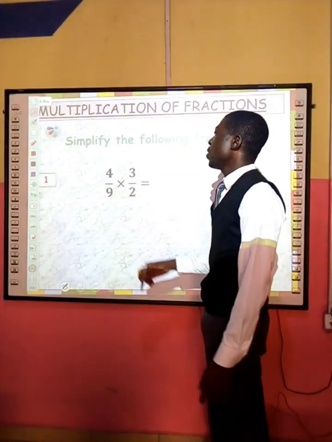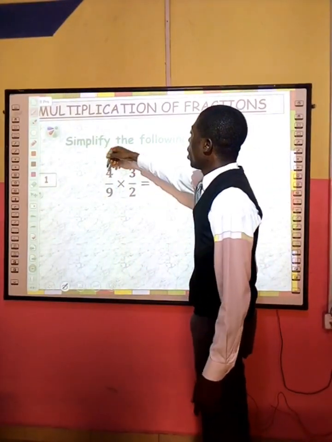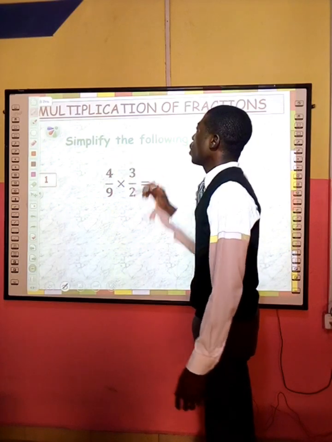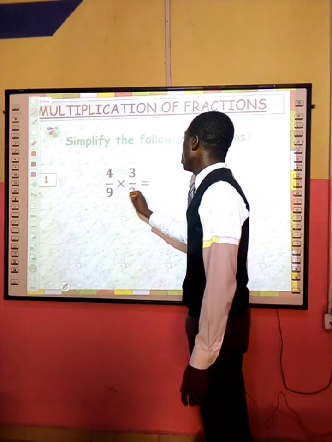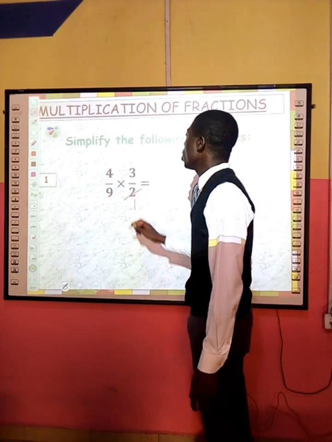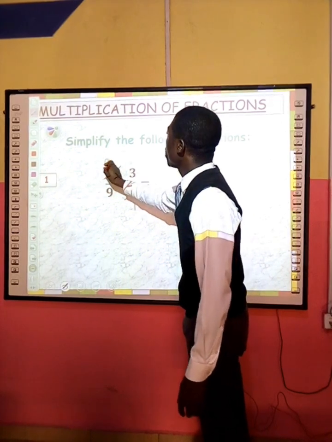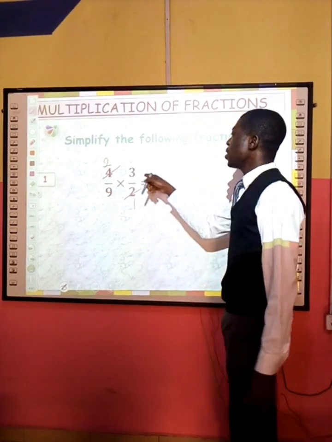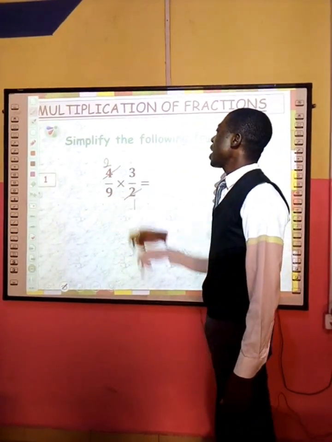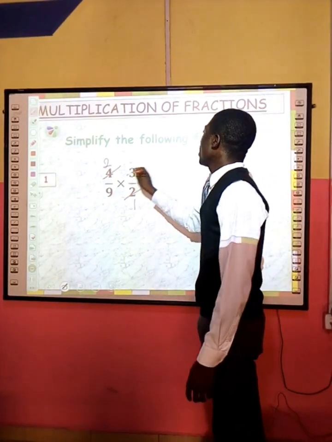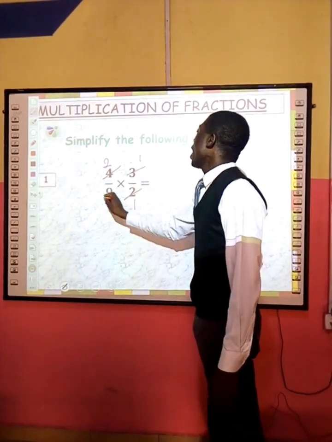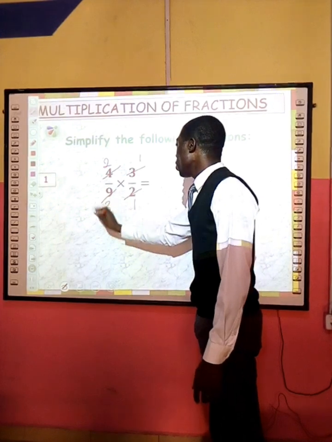If you look at this one very well, you see that 2, 4, and 2 have something in common. So I can say 2 in 2 is 1. 2 inside of 4, you get a 2. And then if you look at this other one, 3 and 9 are connected also. So you can say 3 in 3 is 1. And then how many 3 in 9? You have 3.